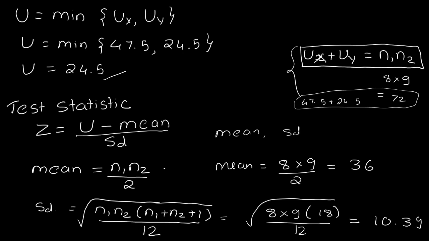And what I forgot to tell you, you have to consider the modulus of this Z, that is, only the positive value. Even if you don't write this modulus sign, it is okay, but you need to calculate the positive value which comes from this.